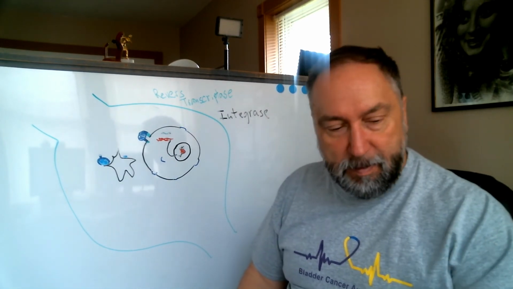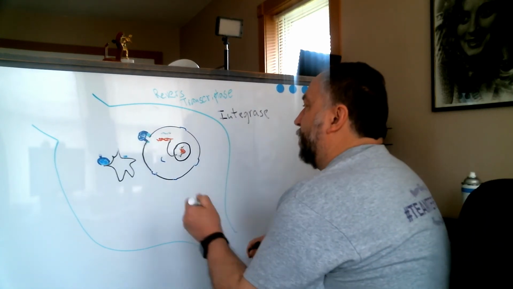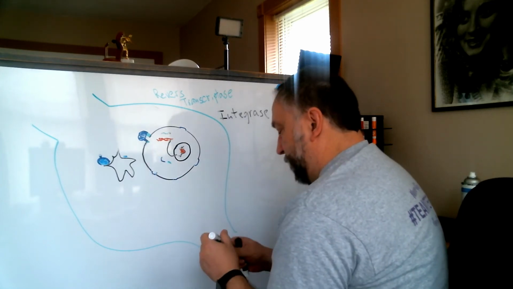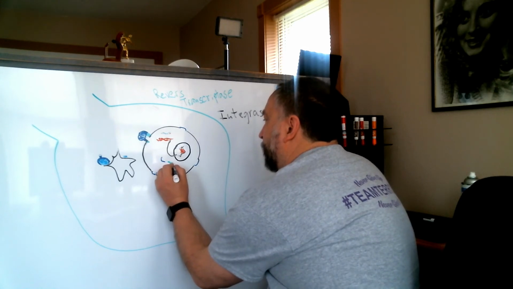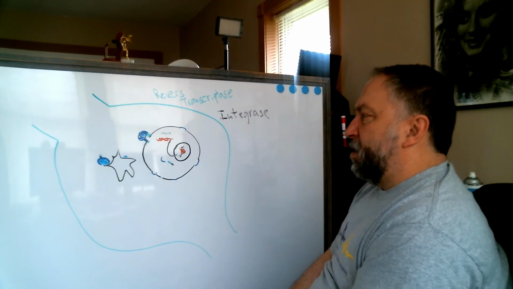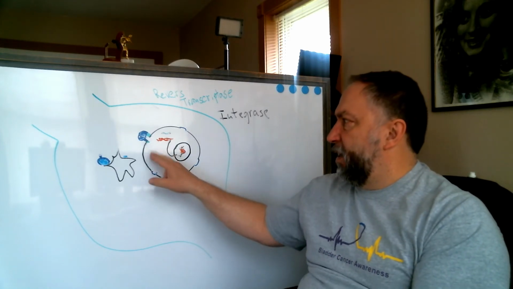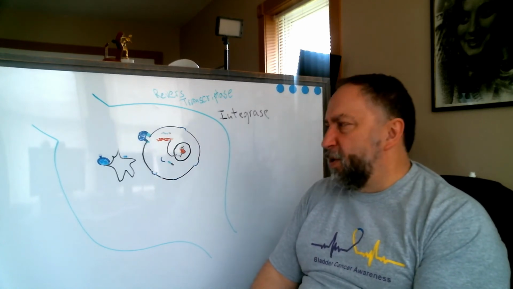You've got these guys here, and they call it a polyprotein because it's got both of them and actually some other things in it too, on this big long strip. But it's not separate, so they aren't able to do the things that they do, which is probably a good thing while it's out here in the cytoplasm. You want to get it into a new cell so it can do its thing there.